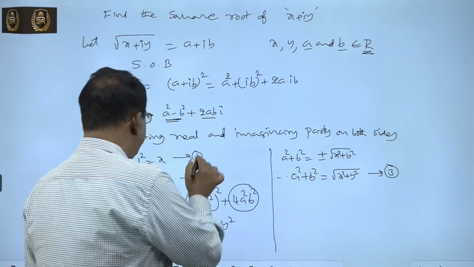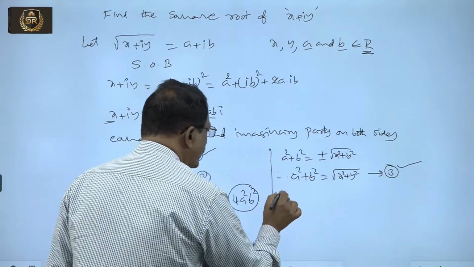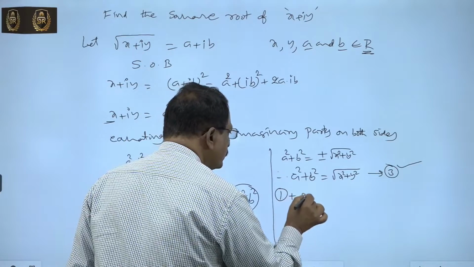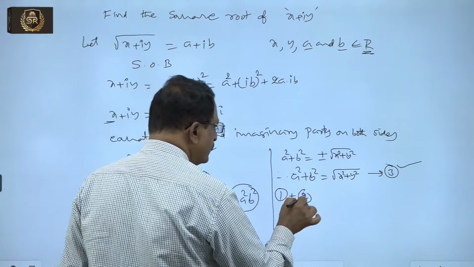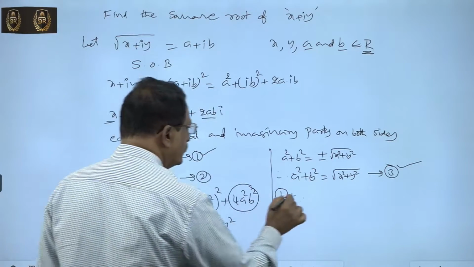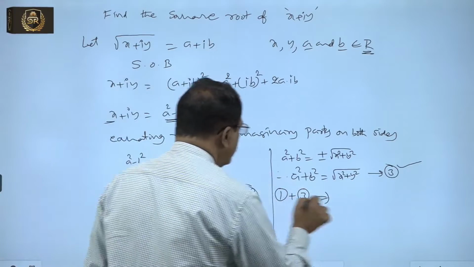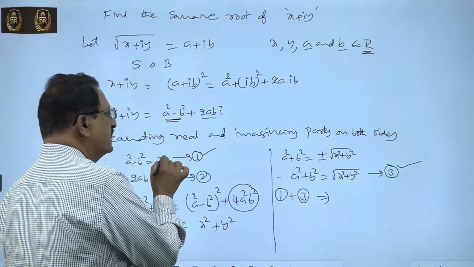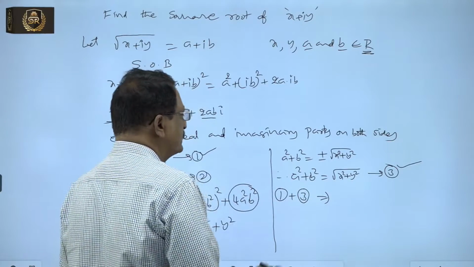Now from the first equation and the third equation, 1 plus 3, first and third, add them, we get how much? a square minus b square equals x, and a square plus b square equals the square root of x square plus y square.